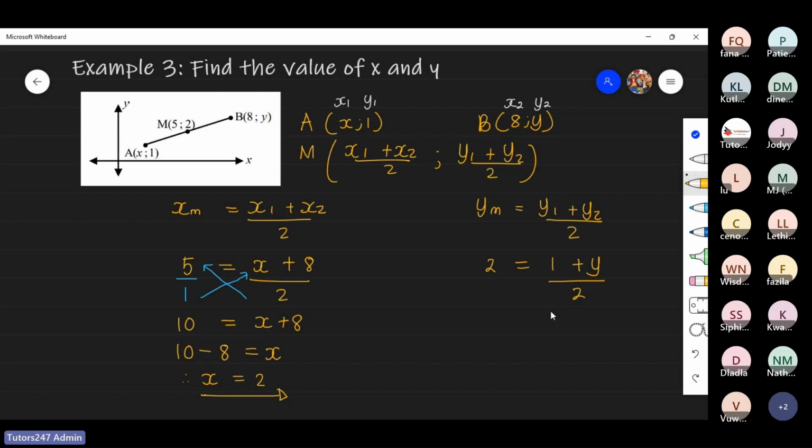From here, we are going to do the exact same thing. We know that 2 is just over 1, so we can cross multiply. 2 times 2 gives us 4, and 1 times 1 plus y gives us 1 plus y. We can move the 1 over to the other side, making it 4 minus 1 equals y. And that therefore gives us y equals 3. So my x value is 2 and my y value is 3.